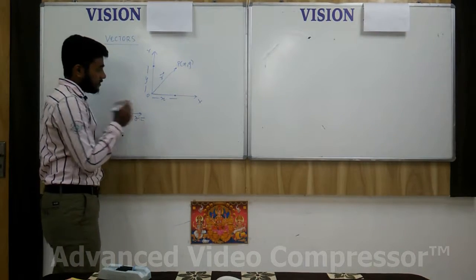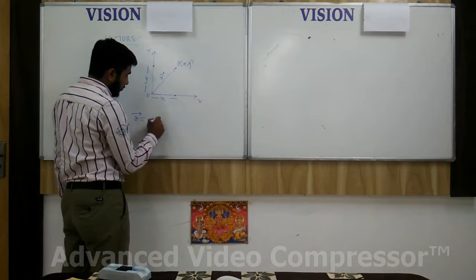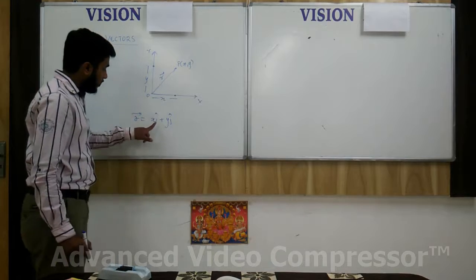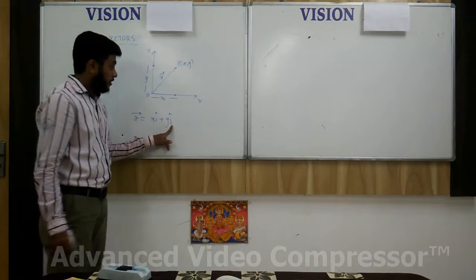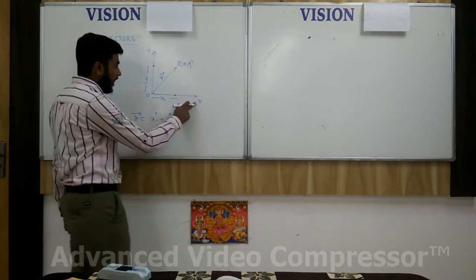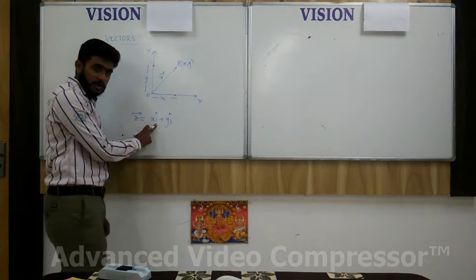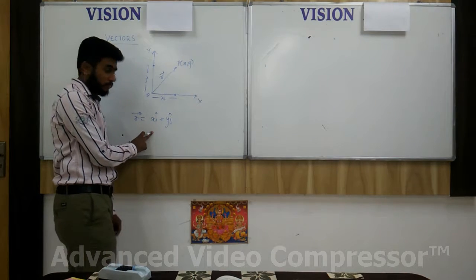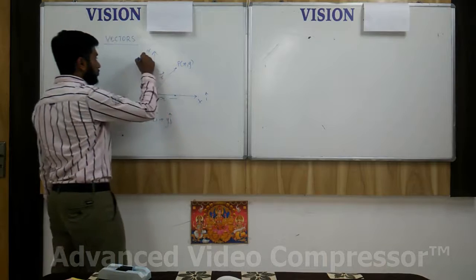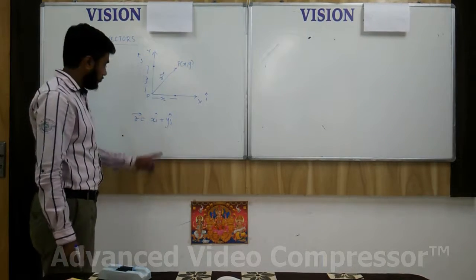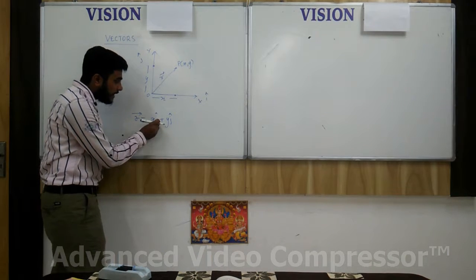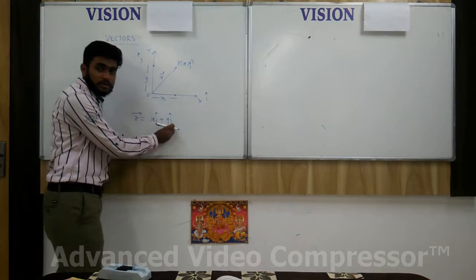Then the r vector would be expressed as xi plus yj, where i and j are the unit vectors, or we could say the directional vectors of the x and y axes. i is associated with the x-axis and j is associated with the y-axis. So what it explains is x magnitude in the i direction and y magnitude in the j direction.